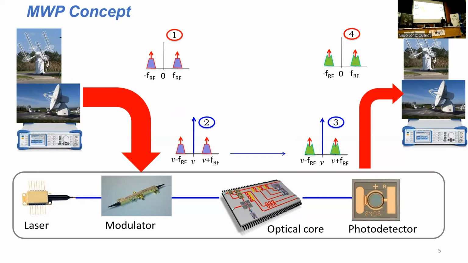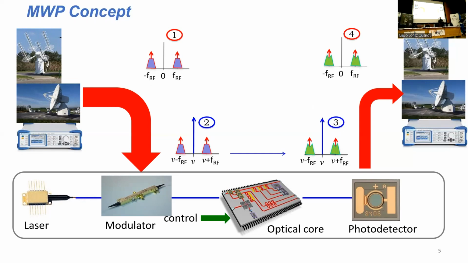Well, why do we use the optical core? We use the optical core because photonics is low loss, almost frequency-independent low loss. It's controllable if you use optical chips, and it's reconfigurable.